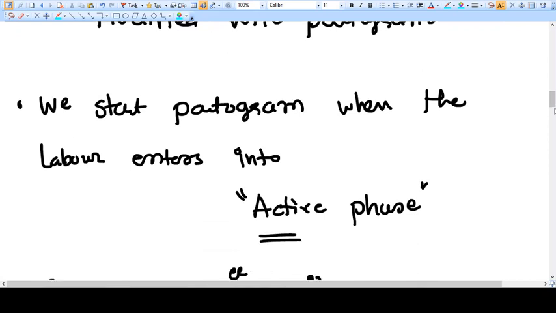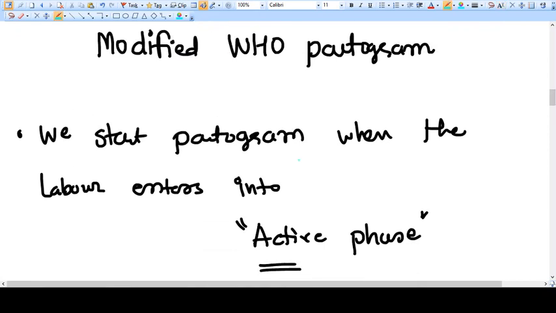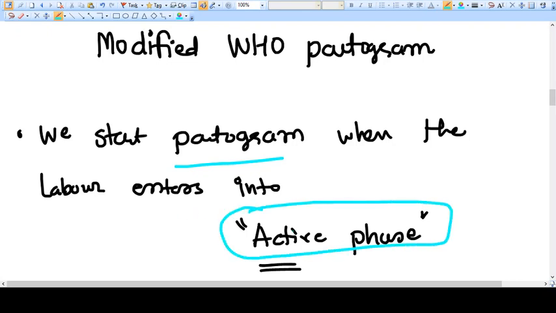Now, we start the partogram only when the patient enters active labor. Earlier partograms also included the latent phase of labor, but we wanted to simplify the partogram, so we now consider only the active phase of labor.